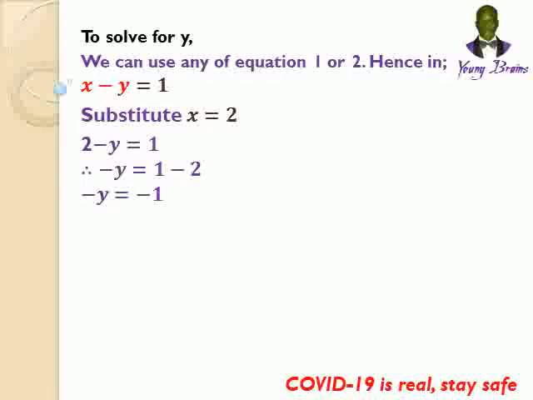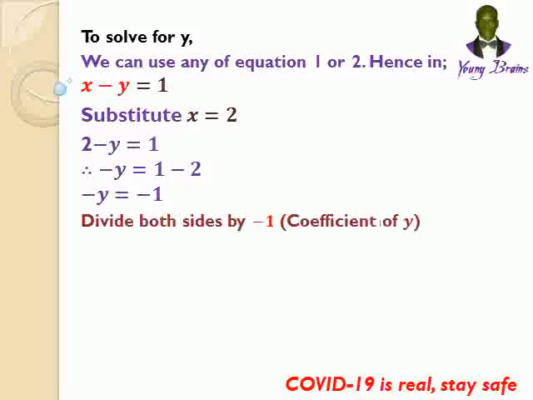So we have minus y equals minus 1. For us to remove the minus sign from our y, we divide through by minus 1. So we divide both sides by minus 1, which is the coefficient of y. Minus y divided by minus 1 equals minus 1 divided by minus 1. When we cancel them out, we have y equals 1.